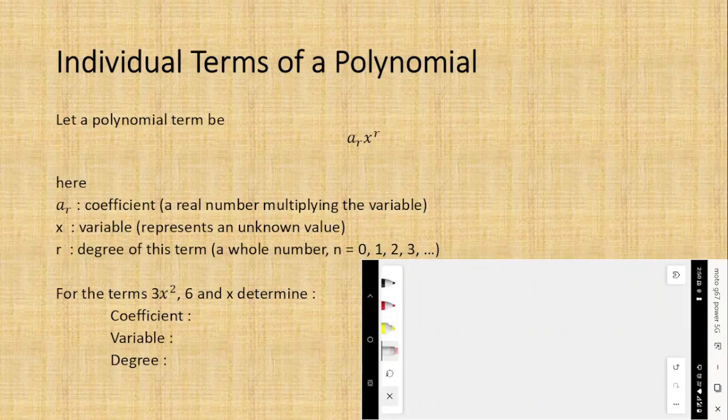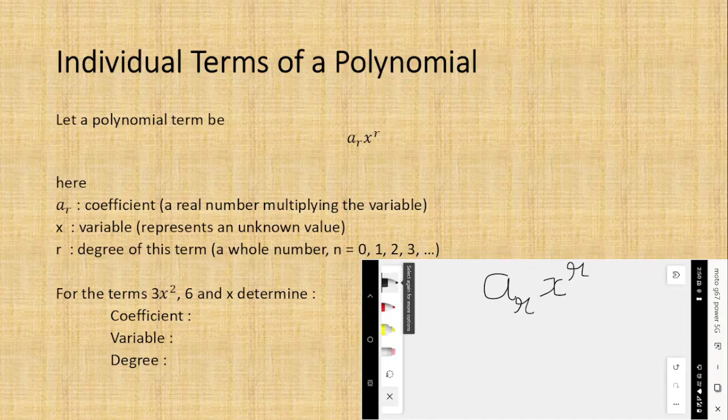Let's talk about the individual terms of a polynomial. Let us assume that we have the rth term of a polynomial. The rth term will be represented by a with a subscript of r, times x raised to the power of r. Now here, what is the coefficient?